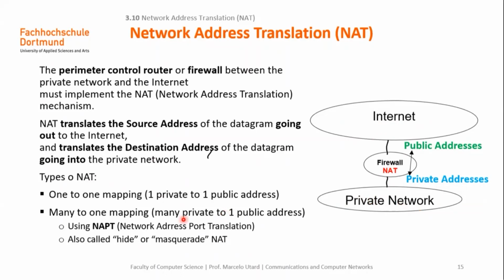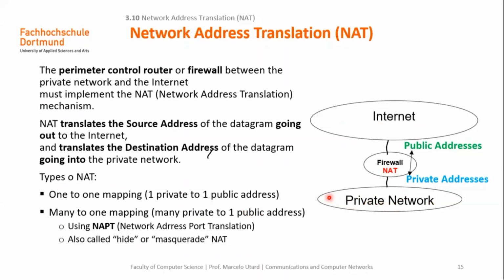That is, many private addresses use or share the one public address. For instance, it is typically used when any host with client processes in a distributed application, the client side of the distributed application, is running on any host within the private network.